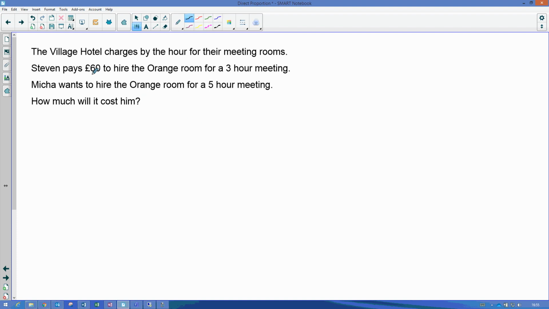What you can see straight away is we know this room costs a certain amount per hour, and we know the length of the meetings. In the example that we looked at previously with petrol, we knew the price per litre. For 1 litre, it was 1.20.